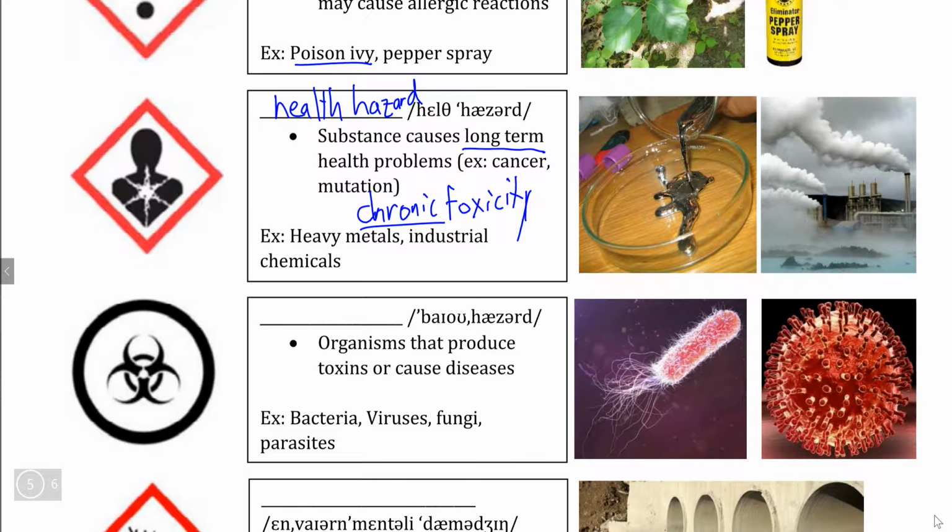Many of these compounds are known to cause cancer, birth defects, or even mutations at the level of your DNA. One of the best known examples of this is this liquid metal, which is what we call mercury, which belongs to a family of metals called heavy metals. Many pollutants that are released through industrial production are also very, very dangerous health hazards.